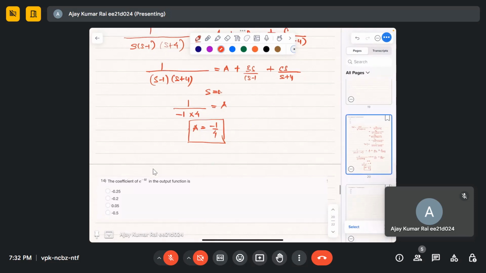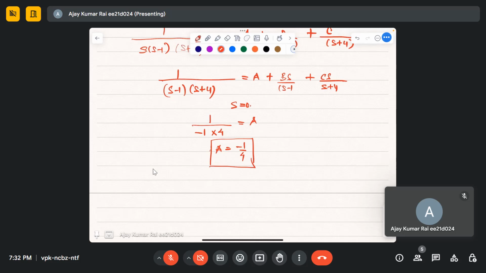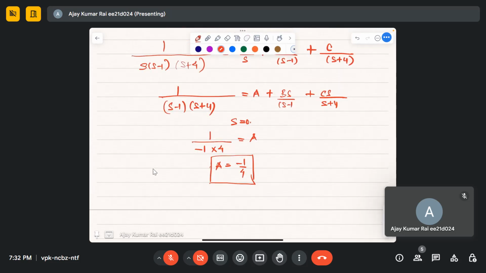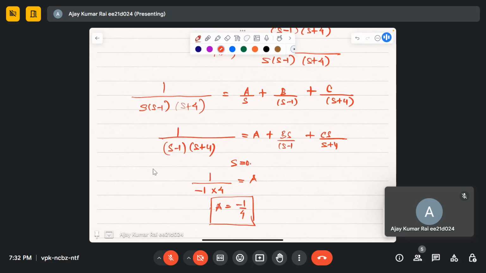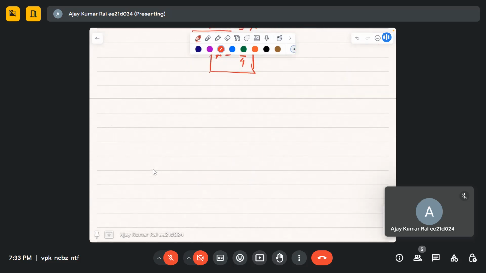Similarly, if you do the same thing with b and c, directly I will write. Let's do the b. For b, I'll write this as equation 1. You multiply equation 1 by s minus 1. So what you'll get here is 1 over (s plus 4) times s, equal to a(s minus 1)/s plus b, plus c into (s minus 1) by (s plus 4).